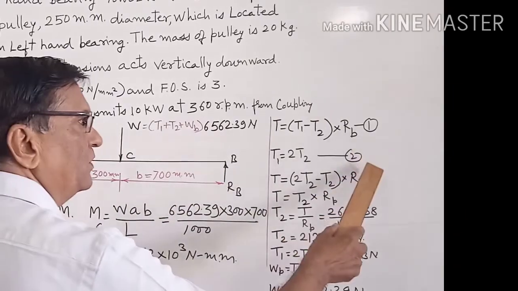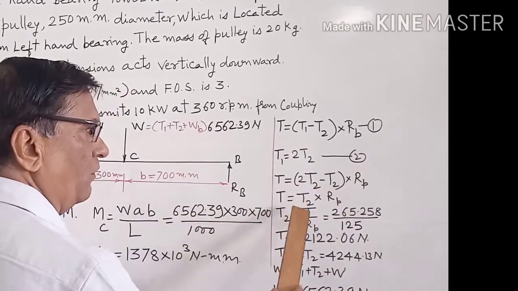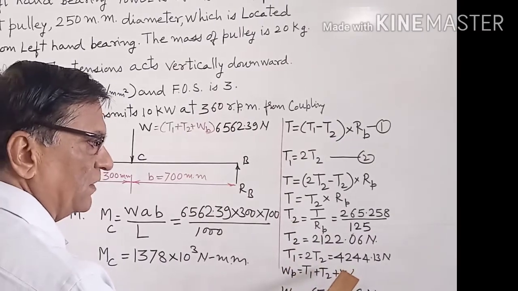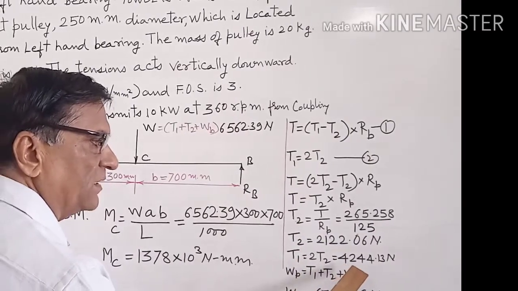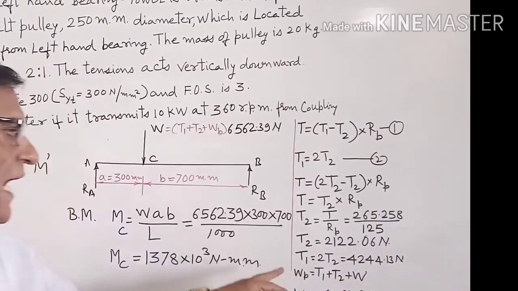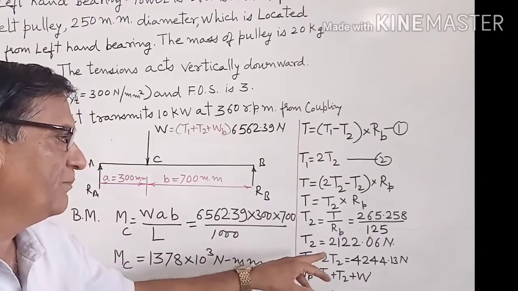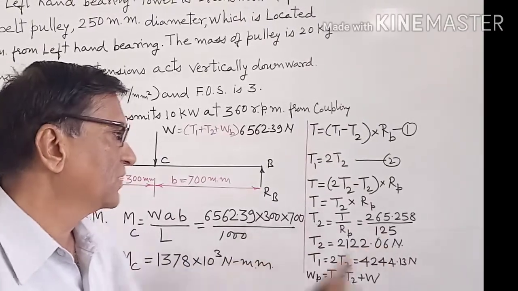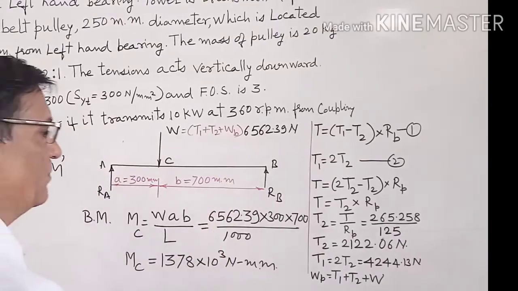From these two equations we find T1 comes out to be 4244.13 Newton, and T2 comes out to be 2122.06 Newton, and Wp is given.